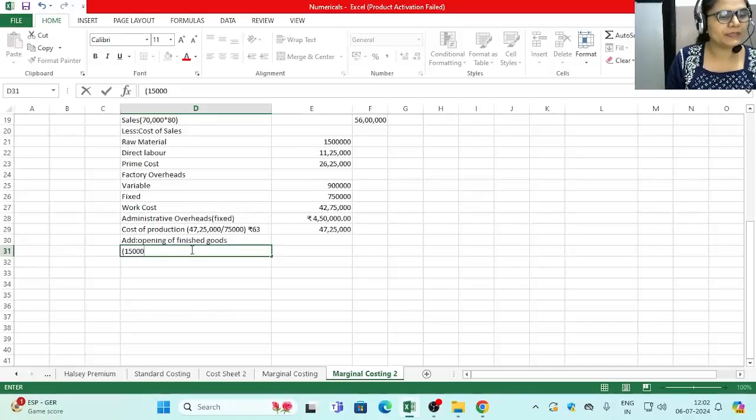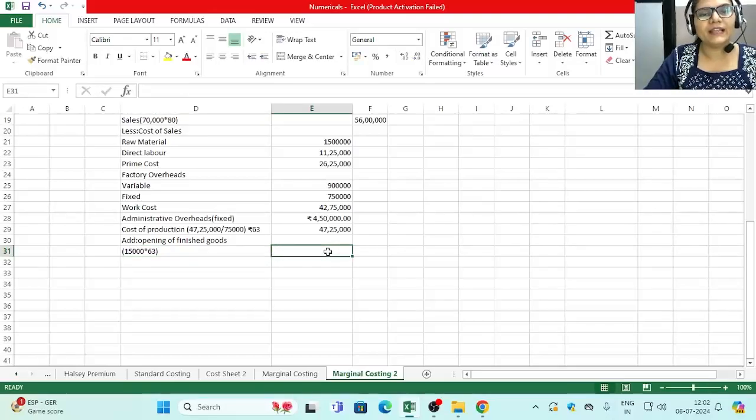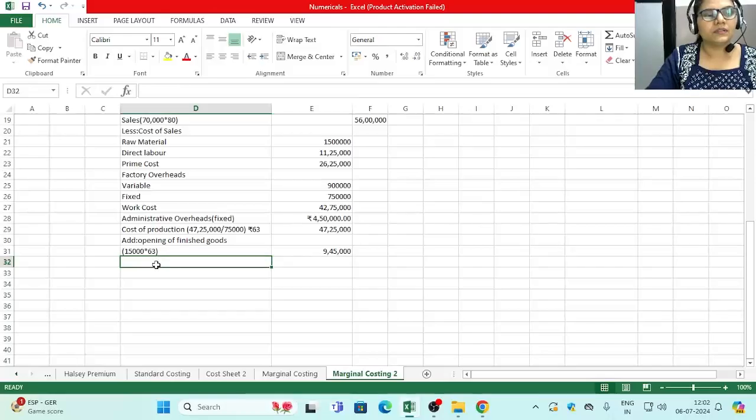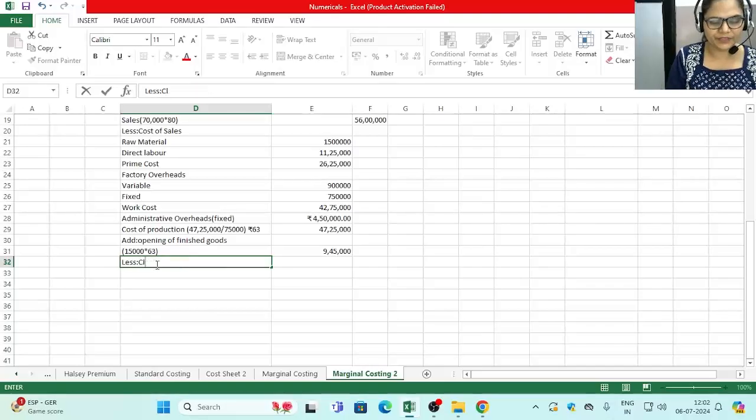We will multiply by the cost per unit of rupees 63, and we will get the value of 9,45,000. Now we will deduct closing stock of finished goods.